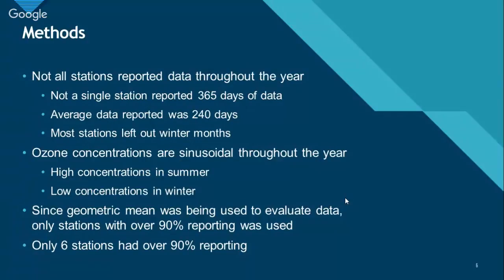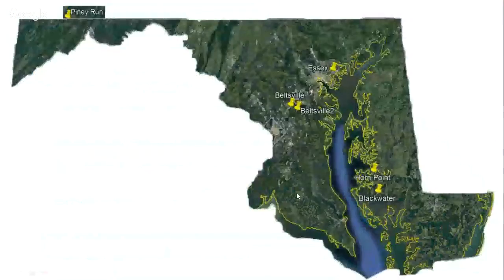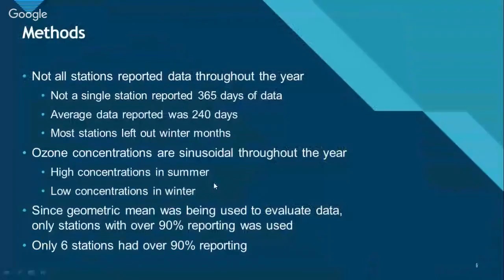The average data reported was only 240 days, and what I found is that a vast majority of the stations left out the winter months of ozone concentration. So I wanted to look at whether or not that potentially impacted the data.